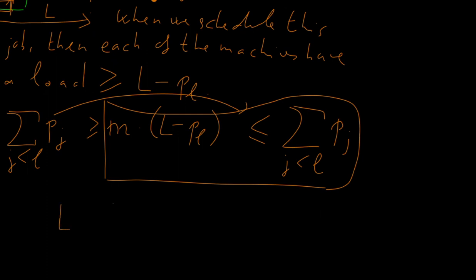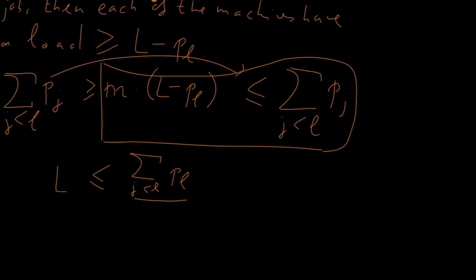This means that L is at most the sum of the jobs arriving before L divided by M, plus PL.